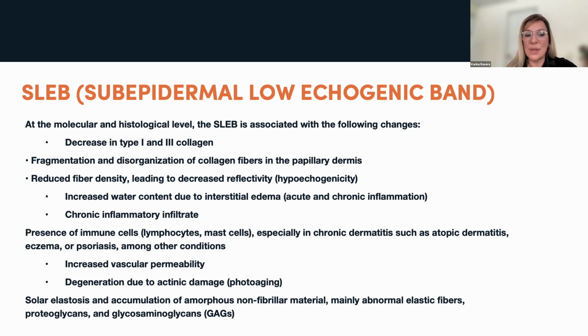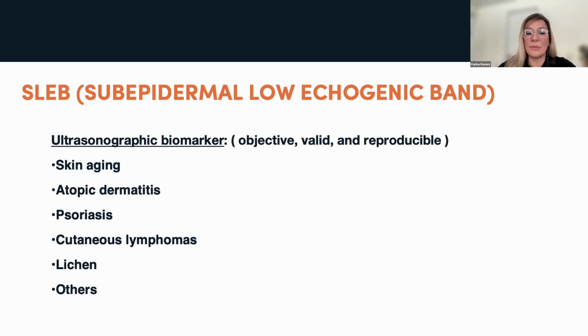We can see increased vascular permeability, edema, and degeneration due to actinic damage, for example, because of photoaging, where we will find solar elastosis and accumulation of amorphous non-fibrillar material because of the presence of abnormal proteoglycans and glycosaminoglycans, because the fibroblast has an abnormal metabolism and cannot do the correct washout of these molecules.